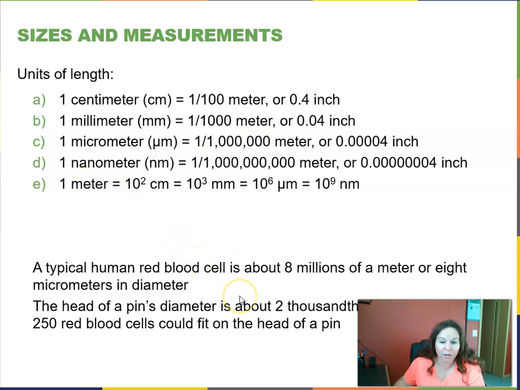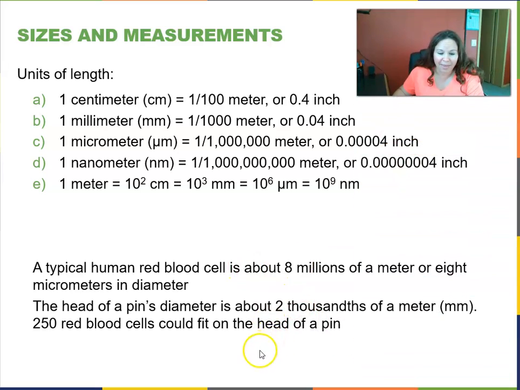A typical human red blood cell is about 8/1,000,000ths of a meter, or 8 micrometers in diameter, just to give you an idea there. And the head of a pin's diameter is about 2/1000ths of a meter, and 250 red blood cells could fit on the head of a pin. So we're dealing with some really small stuff.